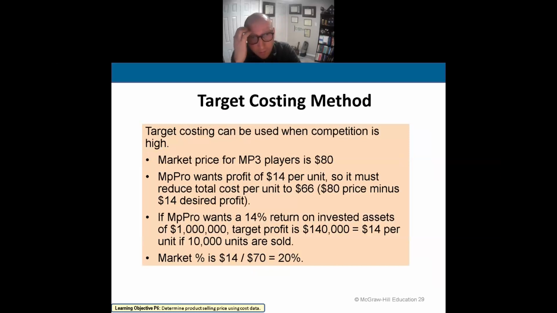Target cost is another method. When competition is high, we use what's called target cost. Look at the market price for the product, identify the desired profit, and we apply the percentage of market markup.